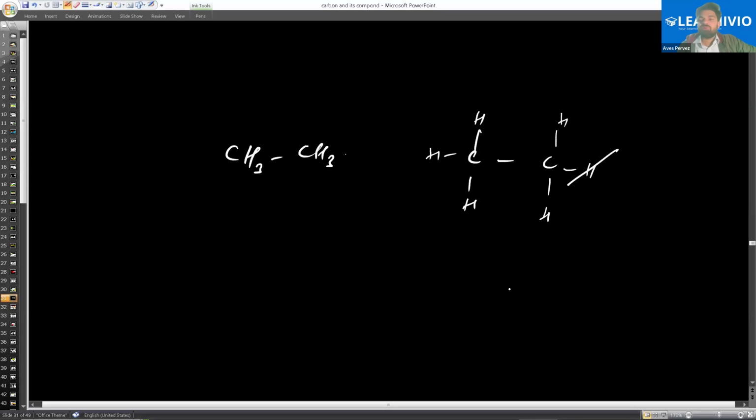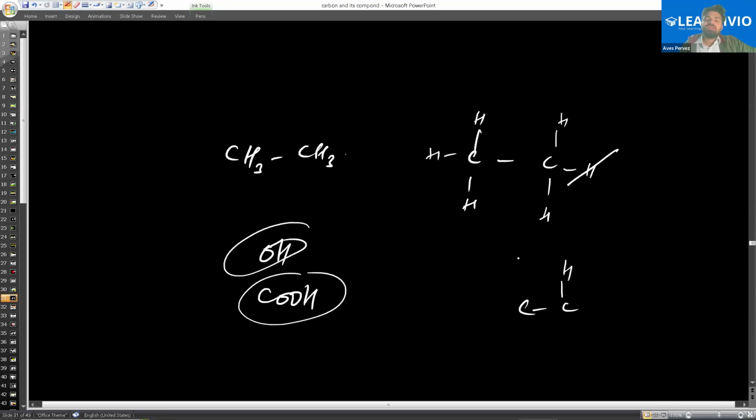If I remove a hydrogen from it and add any group, like OH or COOH, then this hydrocarbon will start showing properties according to that group of atoms attached other than hydrogen, like chlorine, bromine, iodine.